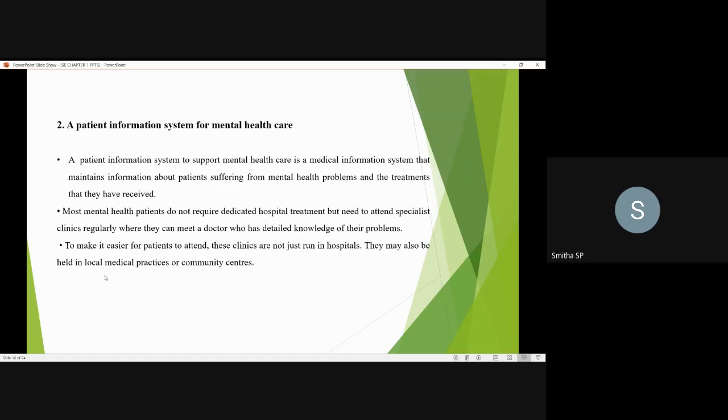All they have to do is consult a doctor who has complete, detailed knowledge about their problems.